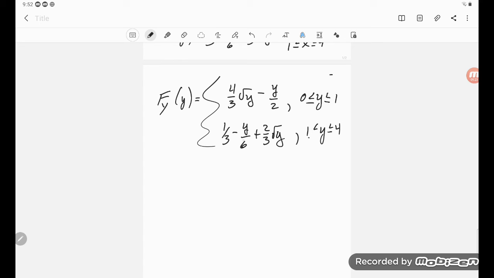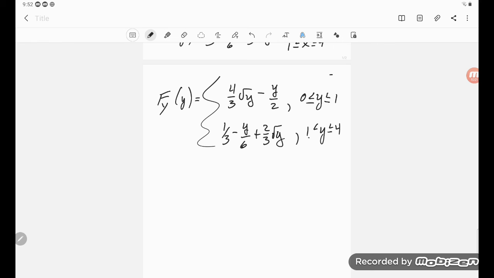Well, I get a 1/3 minus a 1/6, so that's 2/6 minus 1/6, that's 1/6, plus 2/3, which is 4/6, I get 5/6. So they match up at 1. And at 4, hopefully I get 1. At 4, I get 1/3 minus 4/6. Well, that's 2/3 minus 2/3, so I get a negative 1/3, plus, and the square root of 4 is 2, so I get 4/3 minus a third, which is 1.